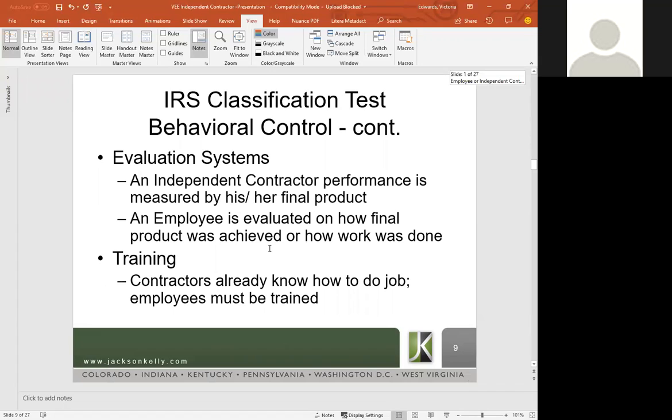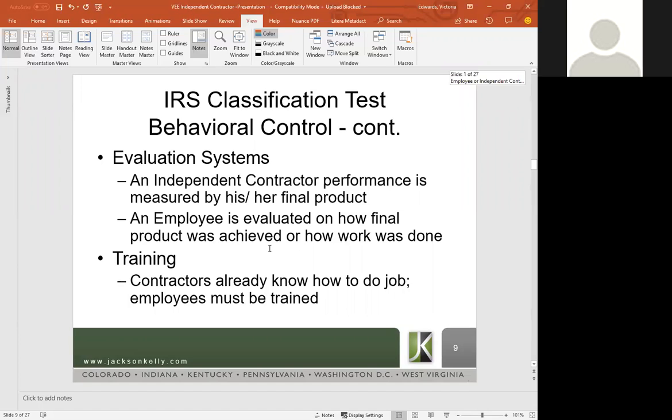Another thing they look at, your evaluation system as a company. An independent contractor's performance is usually measured by what the work product is after a certain defined period of time. So the independent contractor agreement will say, you're to work for our company from November 2019 to December 2019.